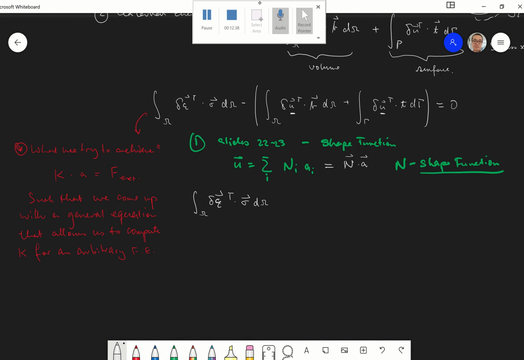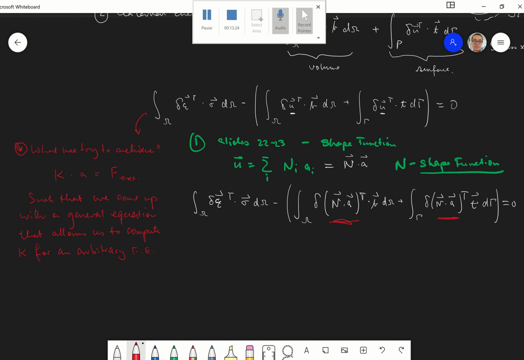And then we'll have the second term, which is now delta N dot A transpose times b d omega plus gamma delta N dot A t b, sorry, this is t d gamma equal to 0, and all we have done is basically this bit here and this bit here, right?